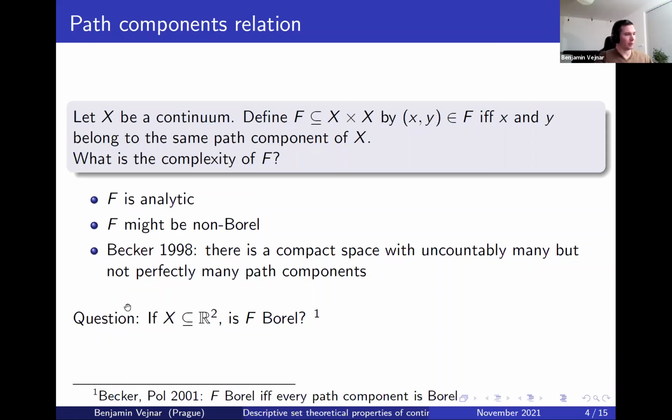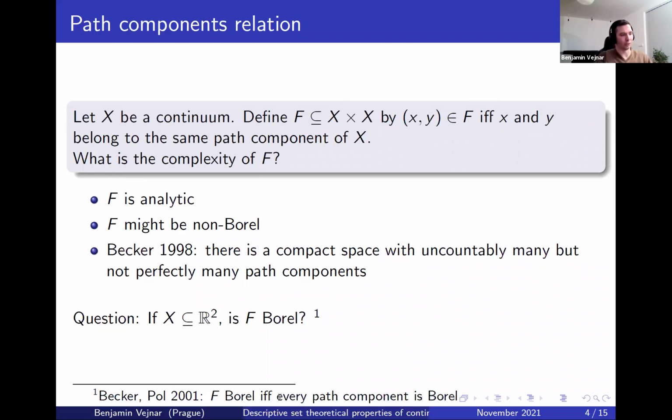And well, there is a question whether if we consider continua in the plane, whether this equivalence relation is Borel. Again, this is strongly related to a question that I posed yesterday, because by a result of Becker and Paul, the equivalence relation F is Borel if and only if each equivalence class is Borel.